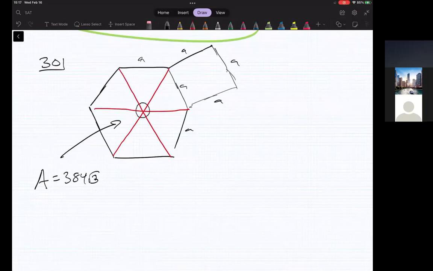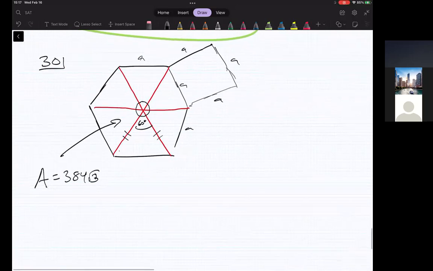A circle adds up to 360 degrees, so what is 1/6 of that? That's 60 degrees right here. These are congruent because they're both legs and they have to all be equal. Then these are all 60 degrees, and that means you have an equilateral triangle.